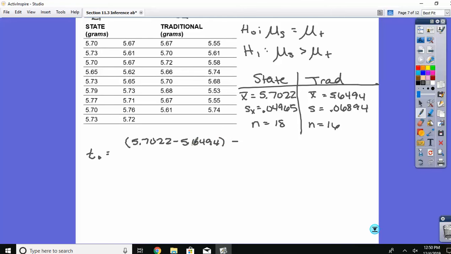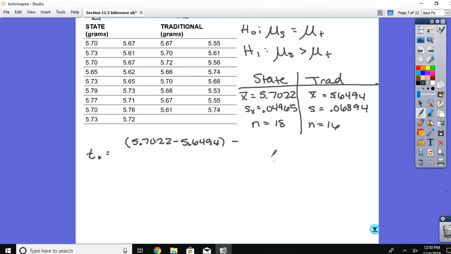Minus, okay. Do we have the population mean given to us on these? No. We need mu of the first minus mu of the second. However, our null hypothesis is that those things are equal. If the null is true, what would happen when you subtract them?